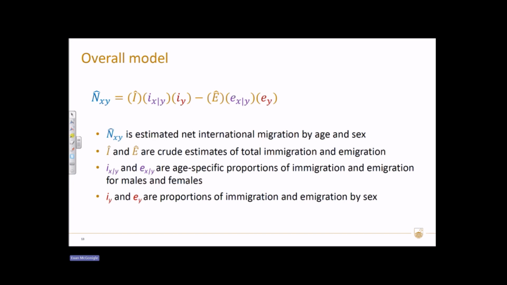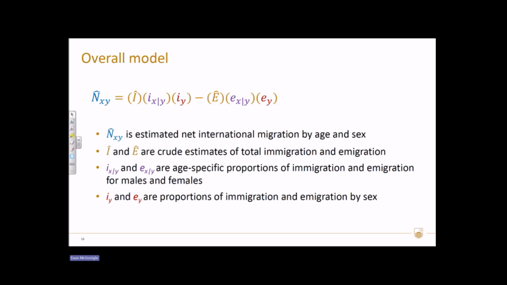And I want to model three things for each direction: an overall level, the total number of people coming in or leaving, and then I'm going to proportion that out by age and by sex. And actually, my age profiles are going to be sex specific. So I need two age profiles for emigration, two age profiles for immigration, and an overall proportion by sex.